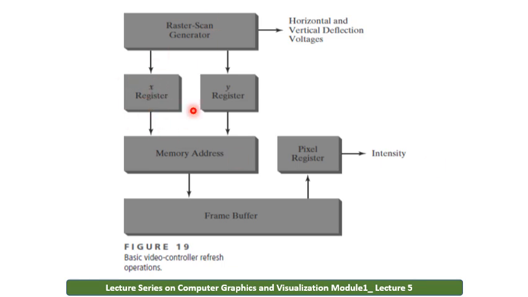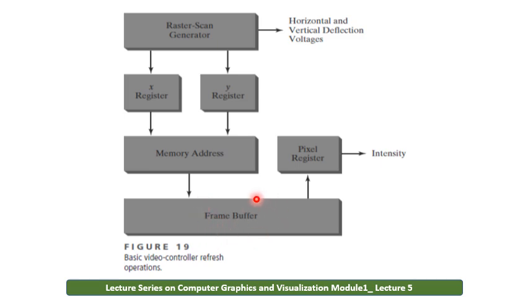So this is how the x register and y register store the x values and the y values, and the frame buffer is going to locate the screen pixel positions. To store that pixel position there will be a pixel register depending upon the intensity of the CRT beam. Whatever intensity is assigned by the pixel register, the pixel with the coordinate x and y values will be stored with the same intensity, and that will be considered as a memory address and stored in the frame buffer in terms of Cartesian coordinates.